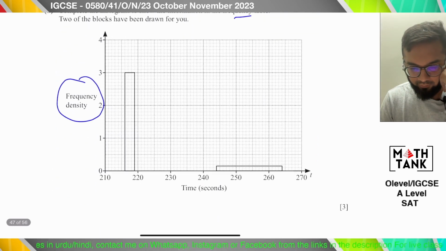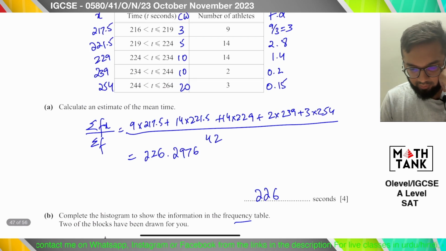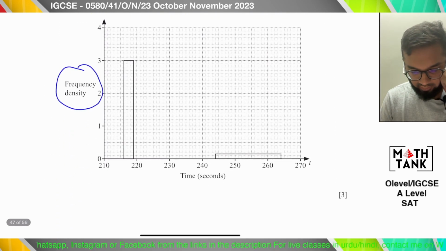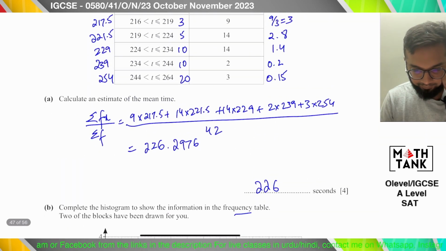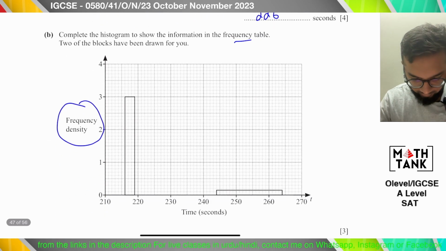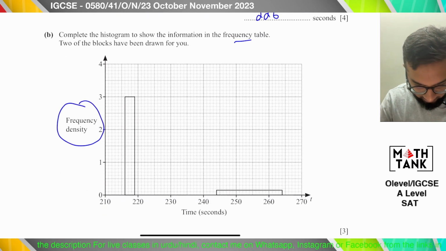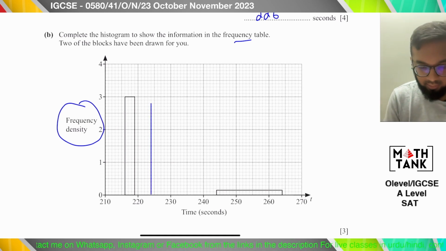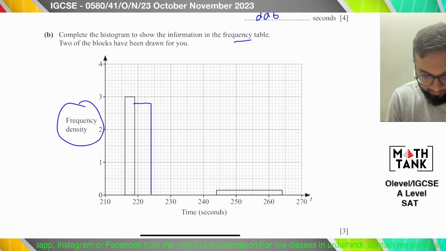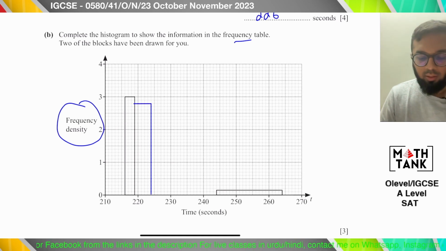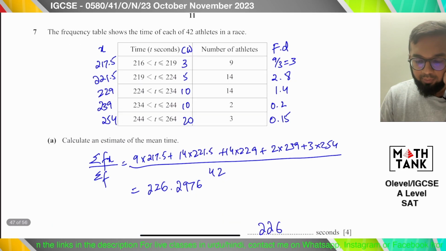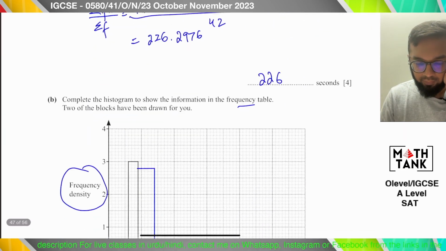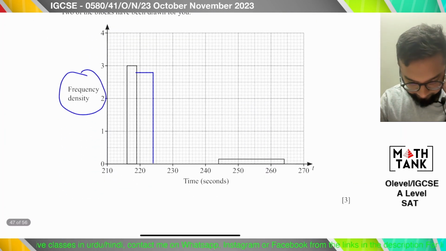The first one is drawn for you. The second one is 2.8 from 219 to 224. Okay, so 224 should be here, and 2.8 should be that high. Going to draw a line here, go like that. Then the next one is 1.4 for 10 units.